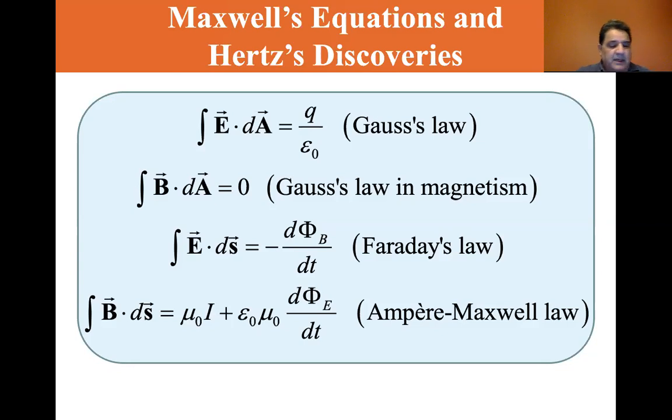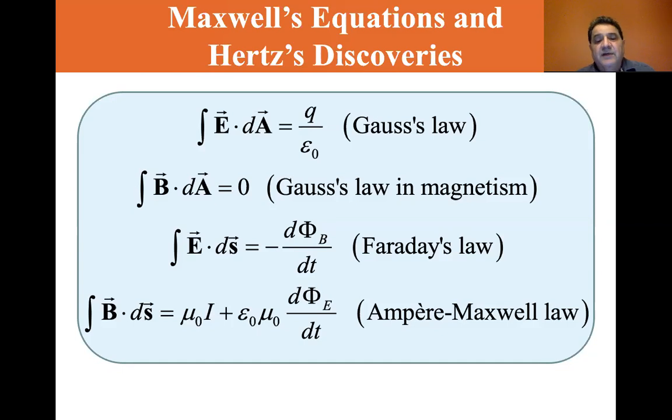Now, let me go through my notes, make sure. These Maxwell's equations hold in the absence of any dielectric or magnetic material. So Gauss's law relates the electric field to the charge distribution that creates it. Gauss's law of magnetism says that magnetic field lines cannot begin or end at any point.